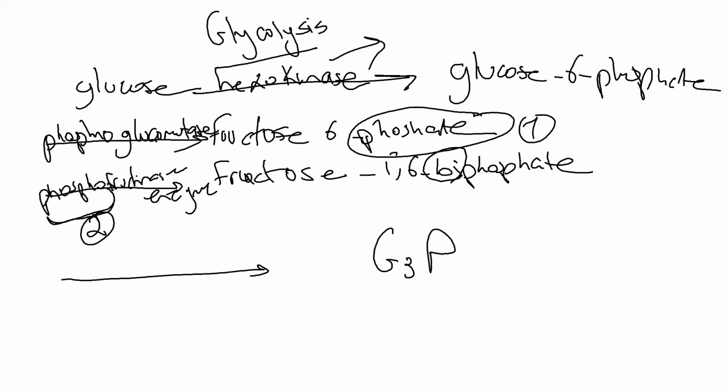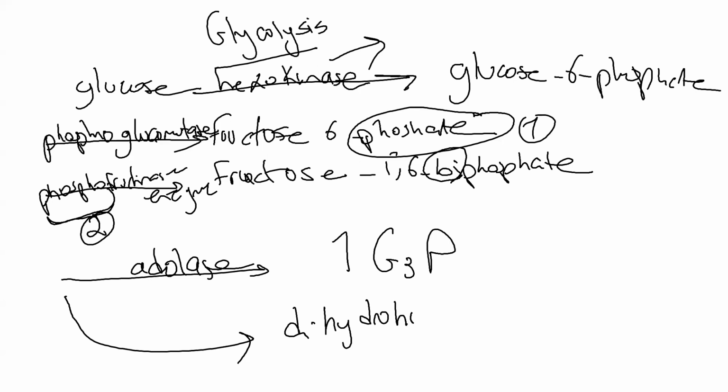So it will become a G3P by an enzyme called aldolase. Now this fructose 1,6-biphosphate can become either 1 G3P or it can become dihydroxyacetone phosphate.